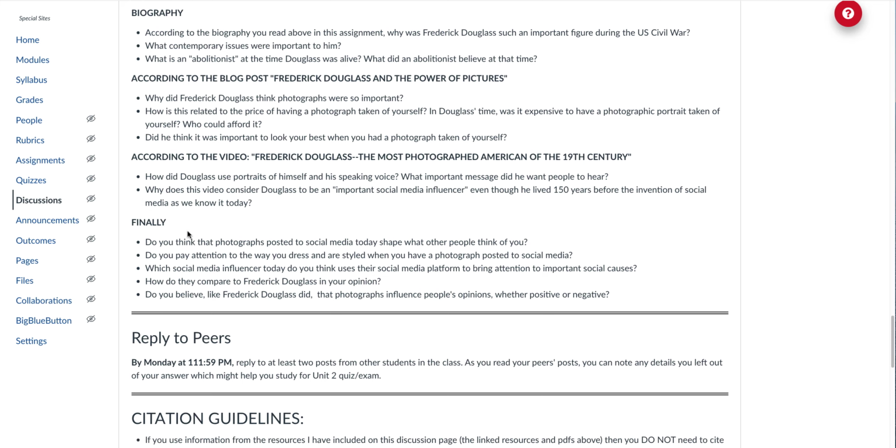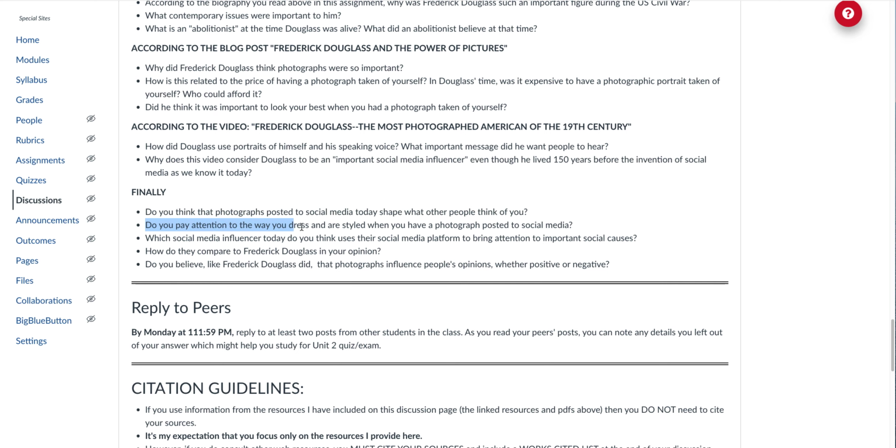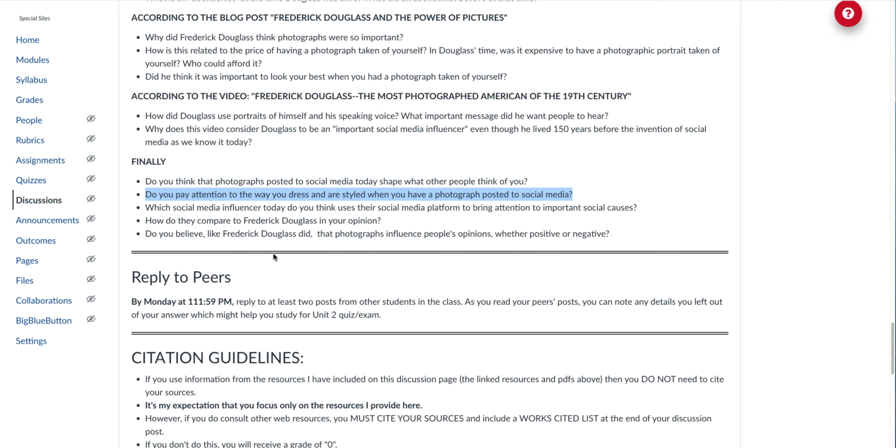All right, and finally, the final question is going to be some of your own personal opinions. Do you think that photographs posted to social media today shape what other people think of you? Do you pay attention to the way you dress and are styled when you have a photograph posted to social media? Which social media influencer do you think uses their social media platform to bring attention to important social causes?